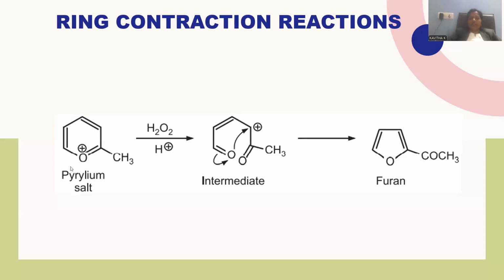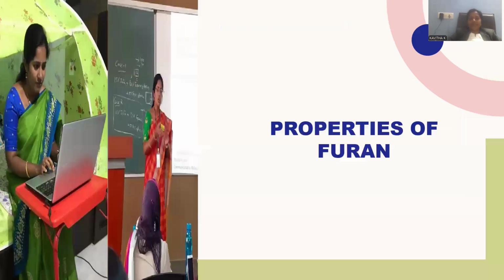In order to operate ring contraction on this pyrylium salt, hydrogen peroxide is a suitable reagent under acidified conditions. Hydrogen peroxide has a tendency to cleave this 6-member ring system and generate the intermediate called diketone. Diketone will undergo cyclization again, giving rise to a 5-membered furan ring system.